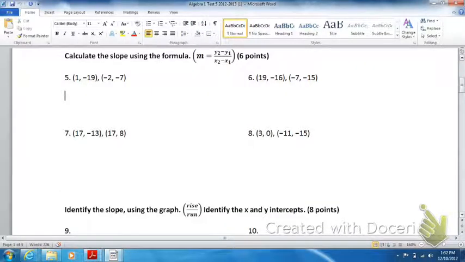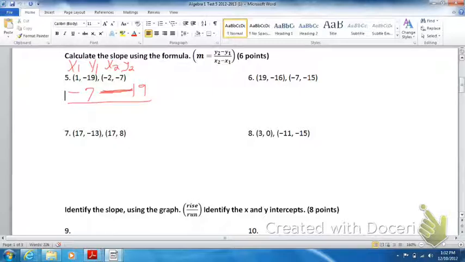Alright, let's figure out the slope. Okay, to figure out the slope: x1, y1, x2, y2. Plug it in the formula. y2 is negative 7 minus y1 is negative 19.